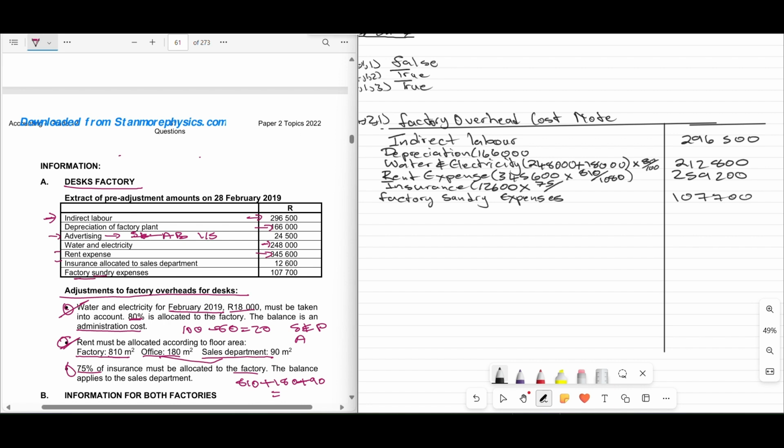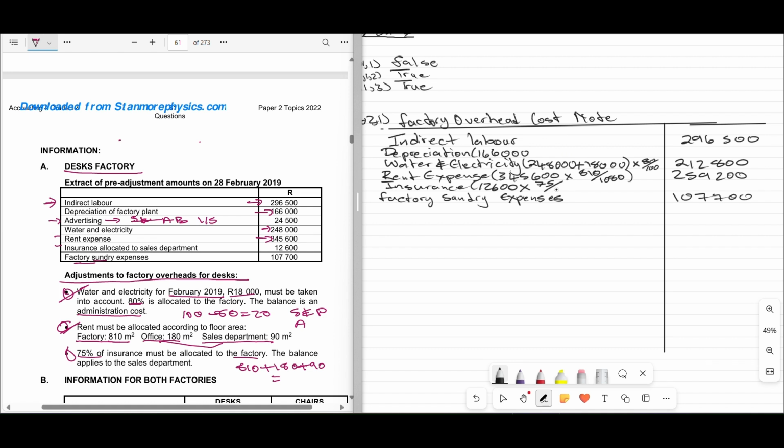So when you come here, you are not going to divide by 100, because this is not 100. This is equivalent to 25%. Why am I saying that? This is for sales department, because they said that the balance applies to the sales department. So we are going to divide by 25. This is the UK method that we used.